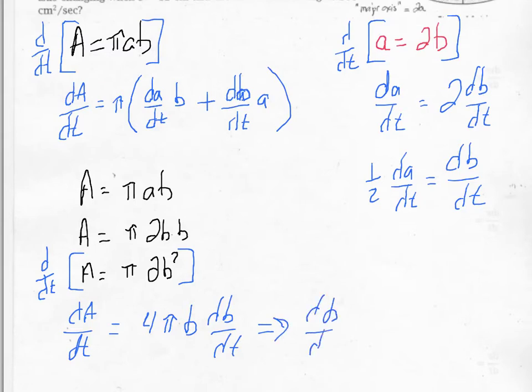dB/dt is equal to dA/dt all divided by all of this over here, which is 4 pi b.